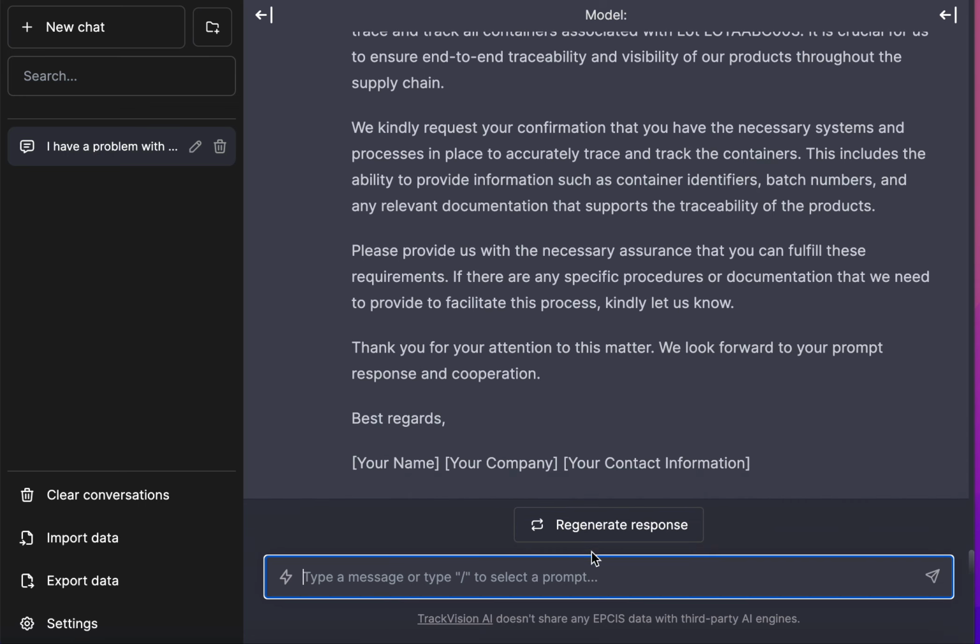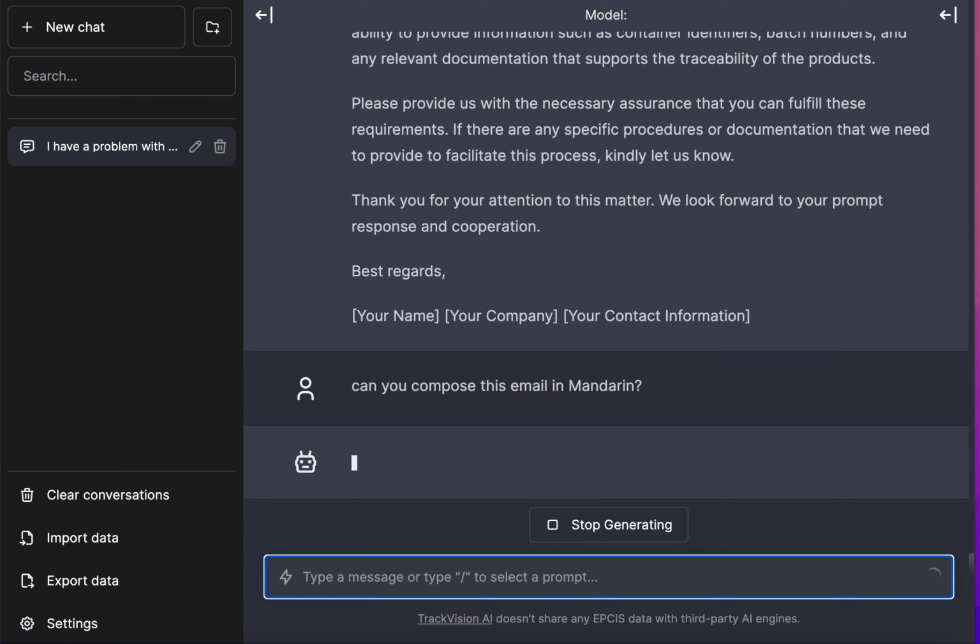But remember, this is a location in China, so it's probably going to be better if we send it to them in their native language rather than in English. So I'm just going to ask, can you compose this email in Mandarin? So that they are very clearly understanding what we're asking them to do.